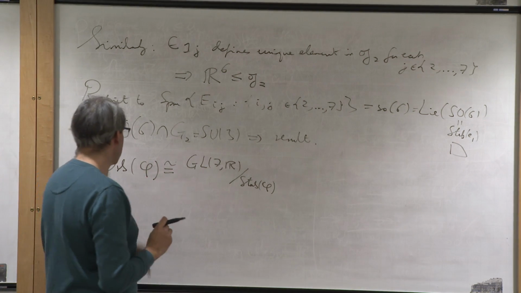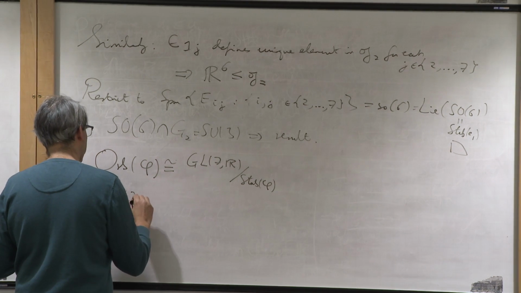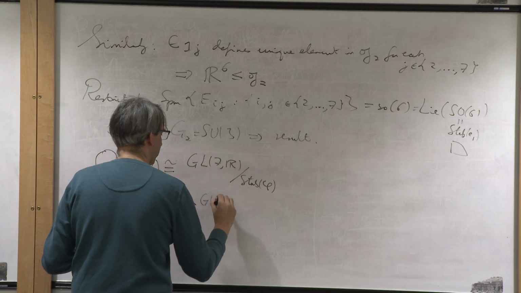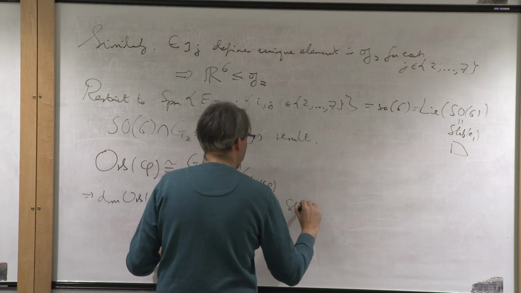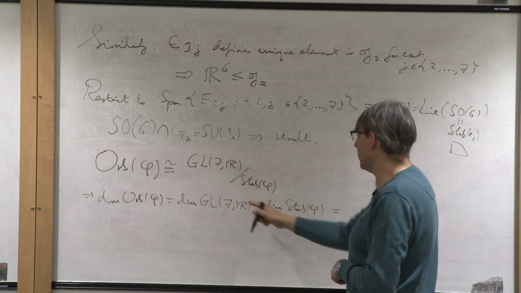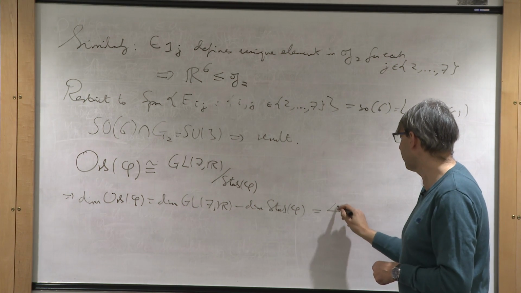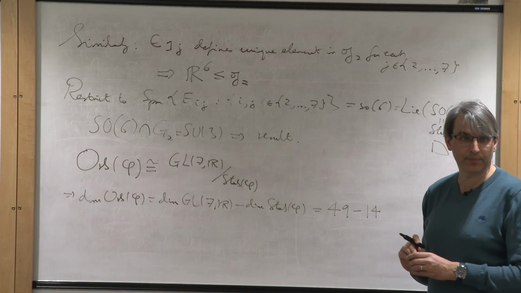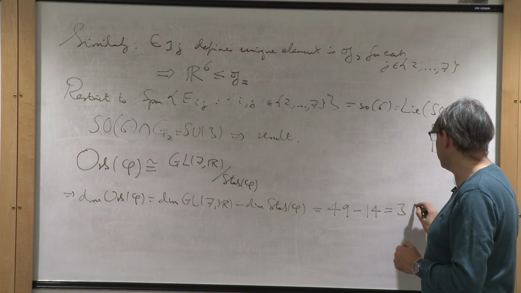So I can compute the dimension of the orbit. The dimension of the orbit must be the dimension of GL7R minus the dimension of the stabilizer of phi, which is of course the dimension of G2. So this is the dimension of GL7R, which is 7 squared, 49, minus the dimension of G2, which we just computed was 14. So that, if I can do maths, is 35.